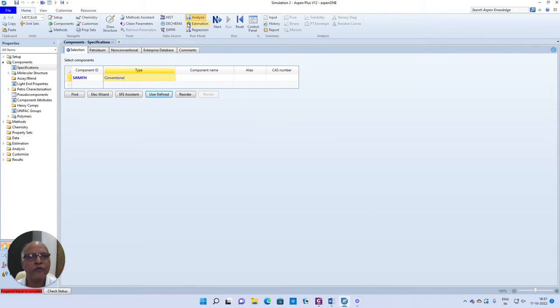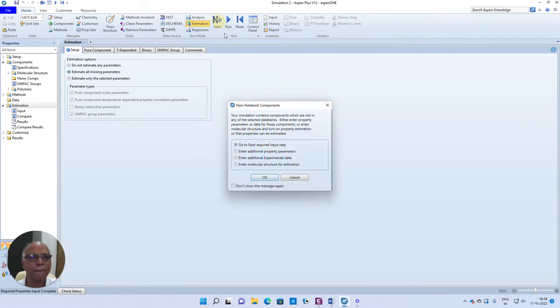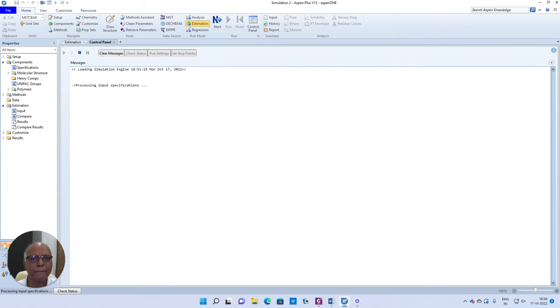Now, by default, when you open ASPEN, you will be doing property analysis, but we are now interested in calculating or estimating the properties. So check whether you have this tab selected. If not, you need to highlight this, estimate all missing parameters, then say next. Okay. So run property estimation.